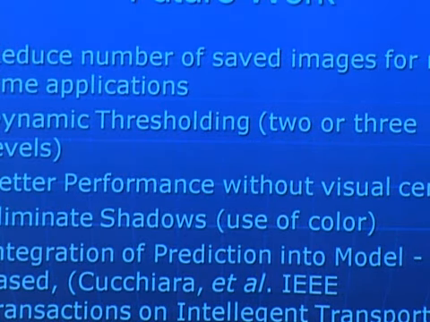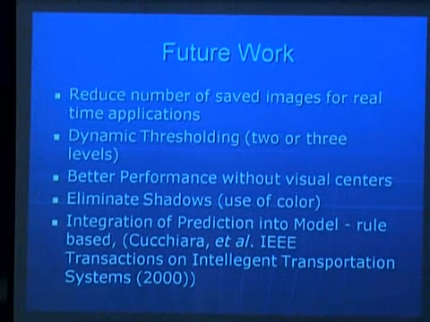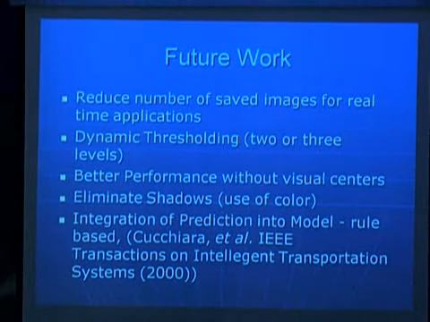Now that we have a frequency mask, we're going to try doing dynamic thresholding, where the vehicles in the back have a smaller threshold in order to detect them a little better. Like Brandon said, we'd get better performance without the visual centers, using a smarter estimation of where it's going.